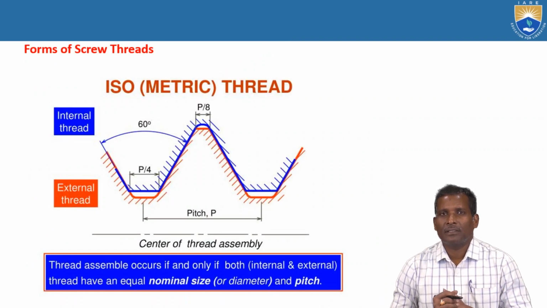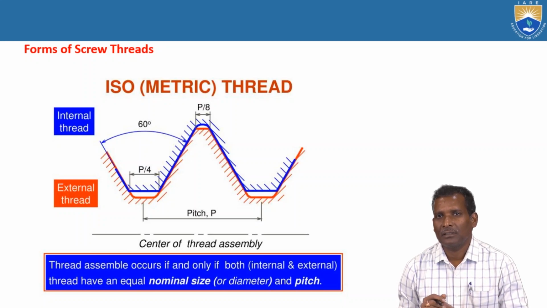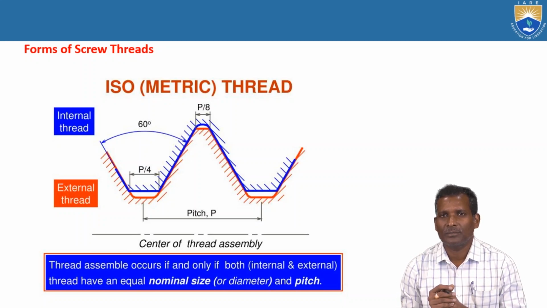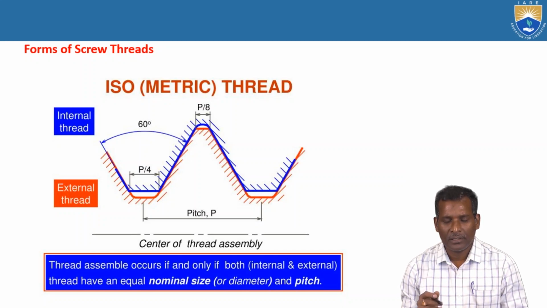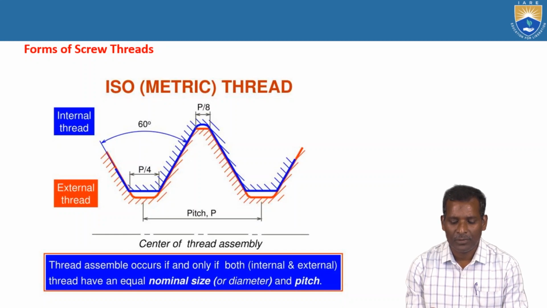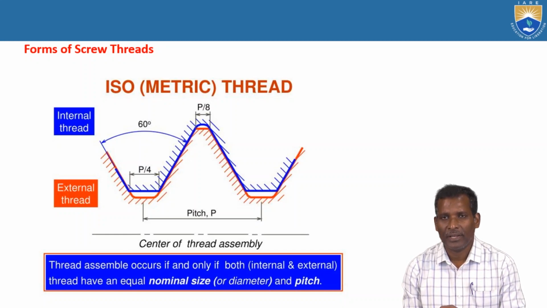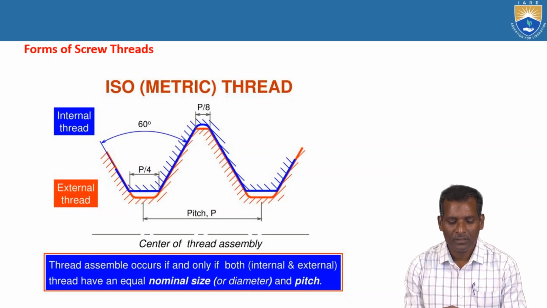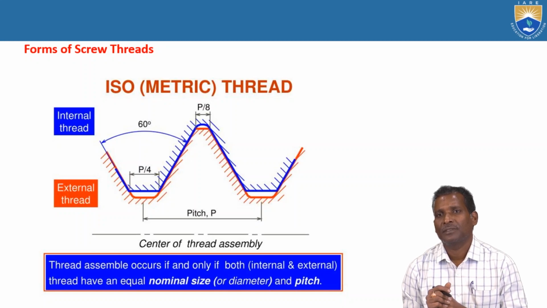Next, there are some forms of screw threads. Here is shown one type of thread, the ISO metric thread. Here the thread assembly occurs if and only if both internal and external threads have equal nominal size and pitch.